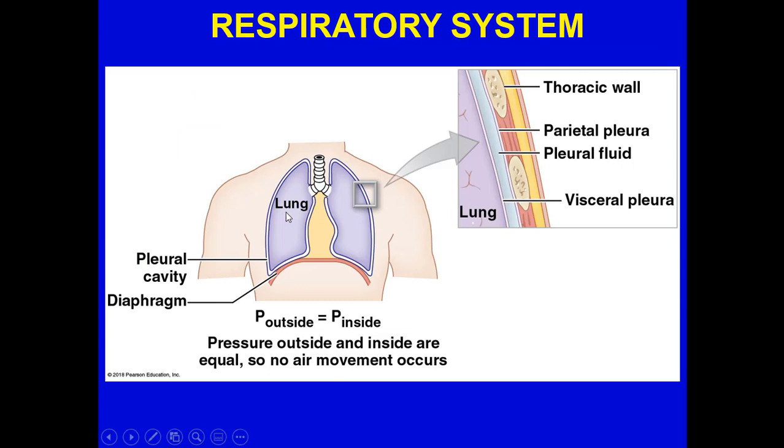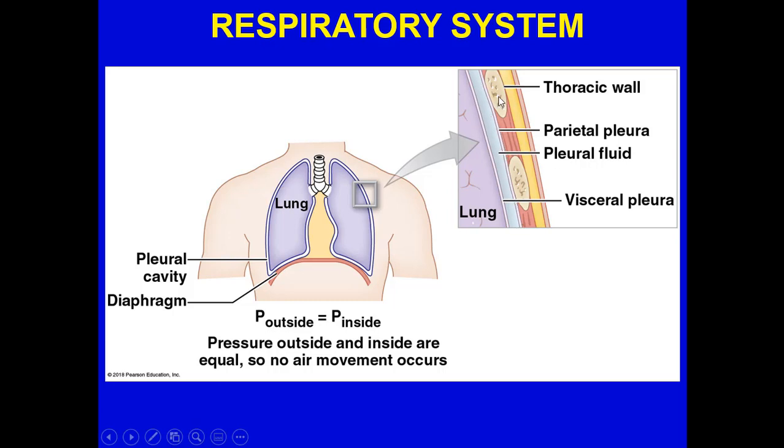Now, here's where we were talking earlier, and I mentioned this. If the pressure on the outside and the pressure on the inside were equal, no problem. You're not going to have gas going in or out. But notice where you have this thoracic cavity defined, it's by the presence of that diaphragm and also by the lungs being inflated and coming up close to the thoracic wall, because you have a parietal pleura here and a visceral pleura here and the pleural fluid in between.